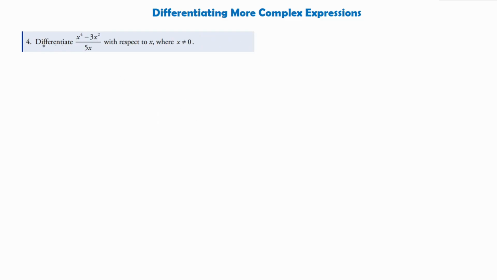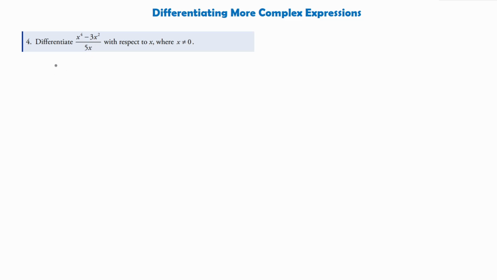Example 4, we've got differentiate x to the power of 4 minus 3x squared, all divided by 5x, with respect to x, where x does not equal 0. Now here, this looks a bit different because we've got x in the numerator and the denominator. So how do we do this? Well, we simply have to split our fraction up into two fractions.